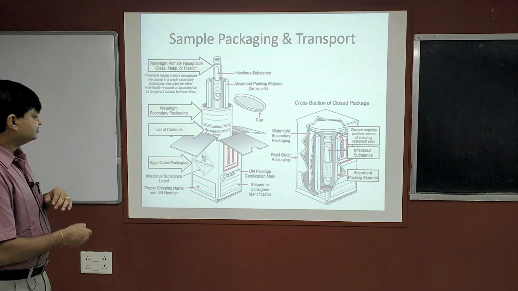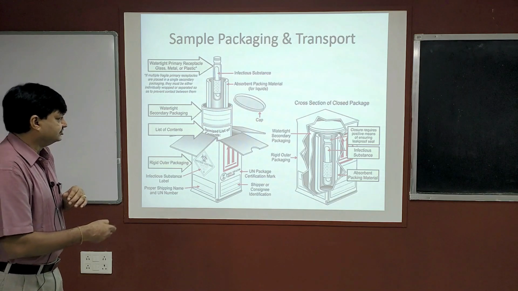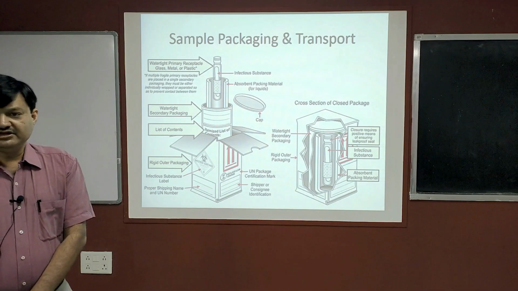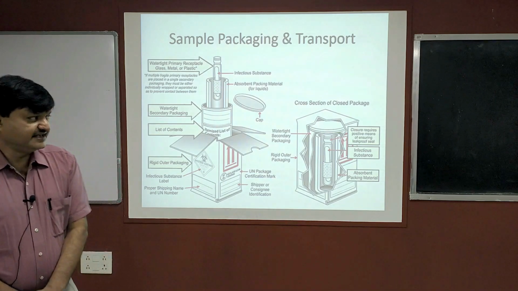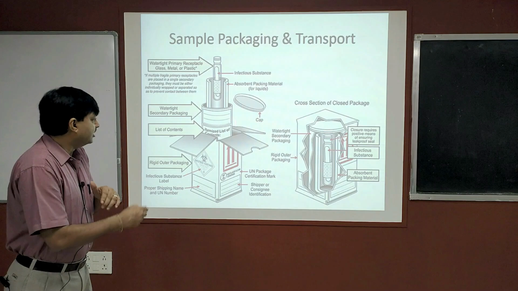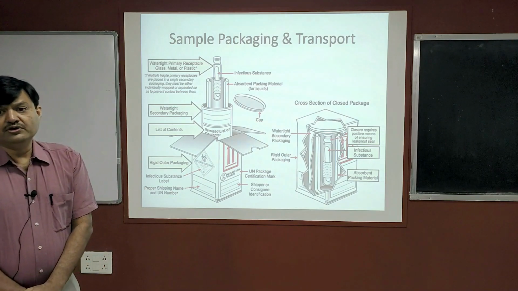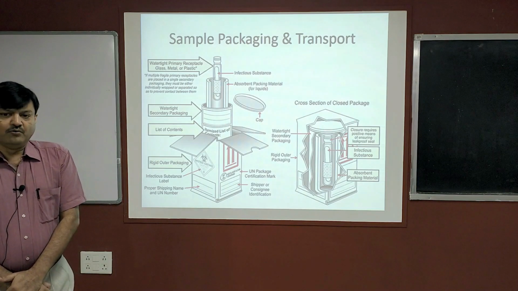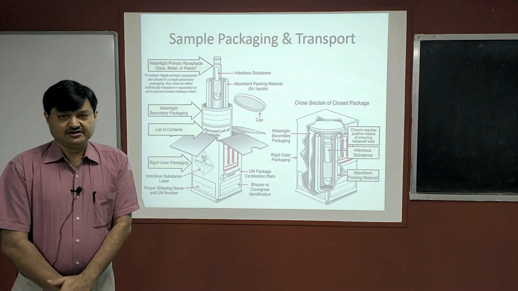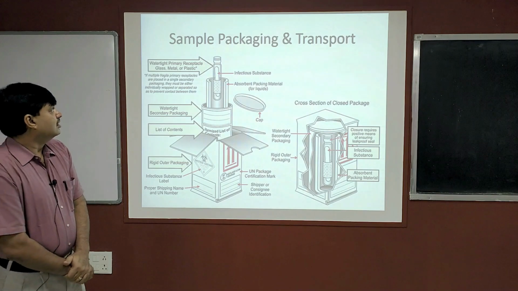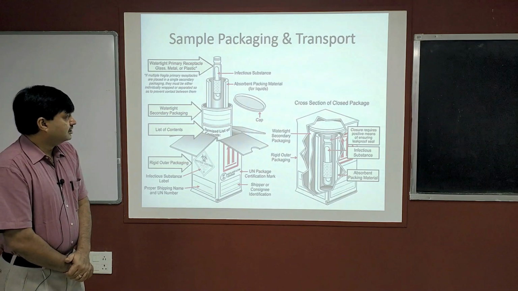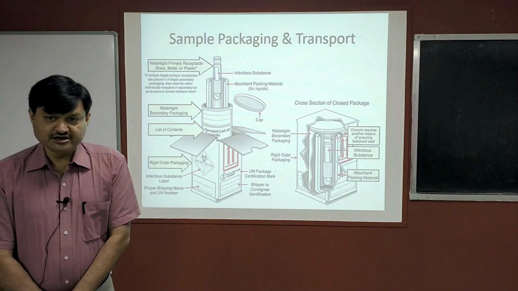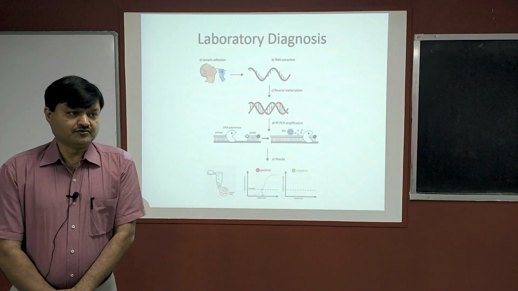And the third one is rigid outer packaging. Remember this: triple packaging is very important, number one. And second, it should be maintained in proper cold chain. If it is not maintained in proper cold chain, the virus will get deactivated. So with this typical triple layer pack, this sample should be transported to the laboratory where the test would be performed.